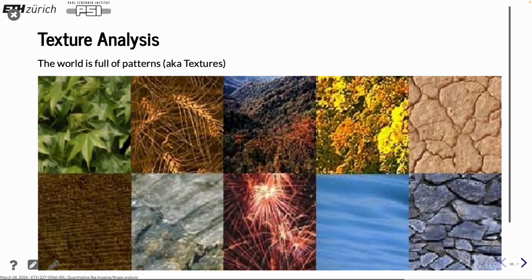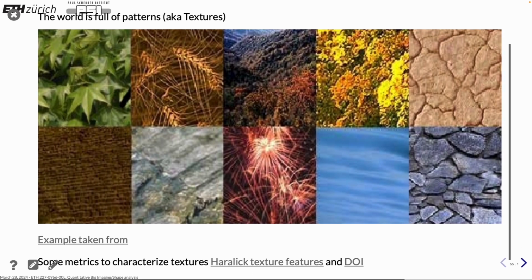And now if we in the image analysis want to look at or describe these patterns, then you can find a bunch of metrics which is described by these hierarchic texture features. And if you want to look into that topic, there is even a DOI for it.